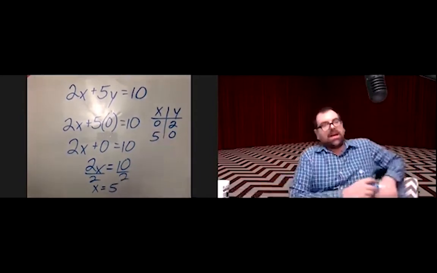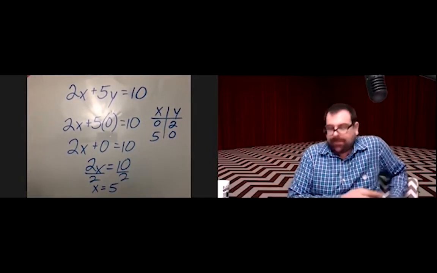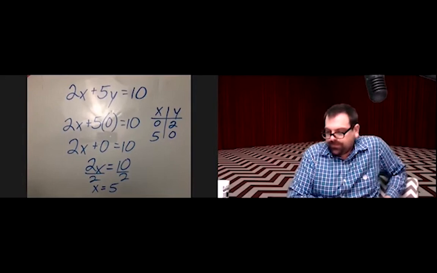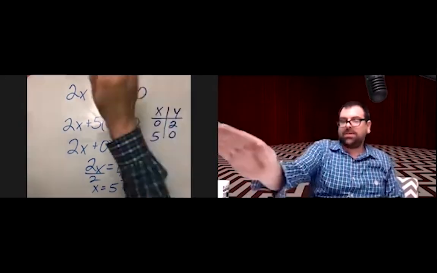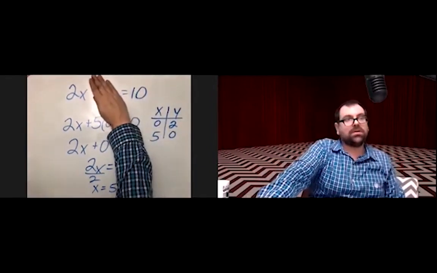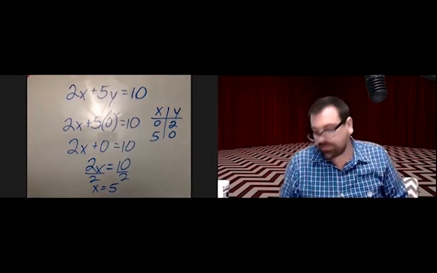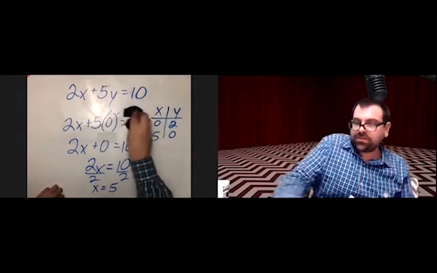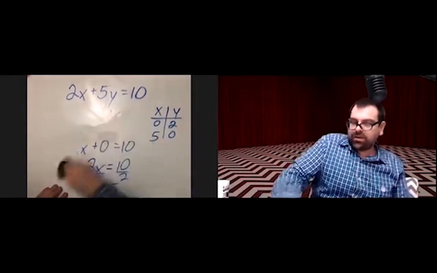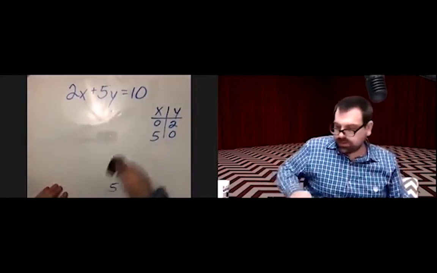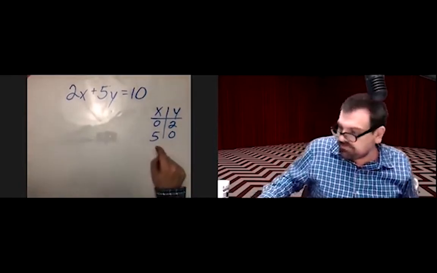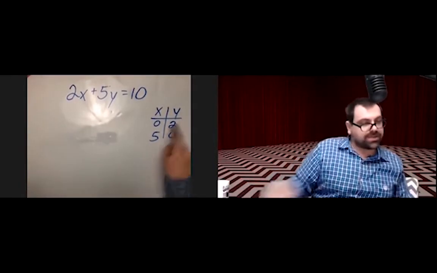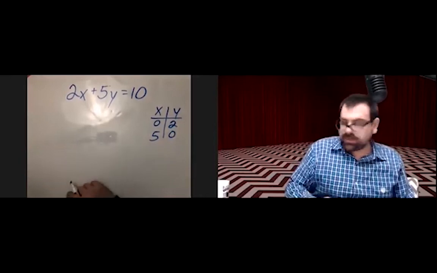When y is 0, x is 5. Again, cover-up method. When y is 0, so 2x equals 10, x is 5. Once we have those 2 points, the x-intercept is at 5, the y-intercept is at 2.